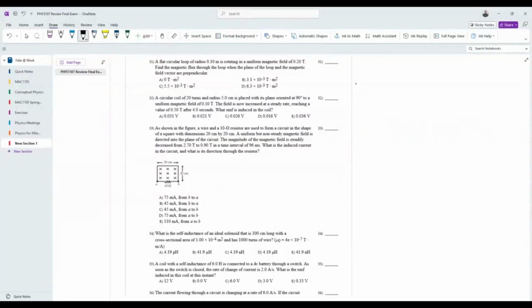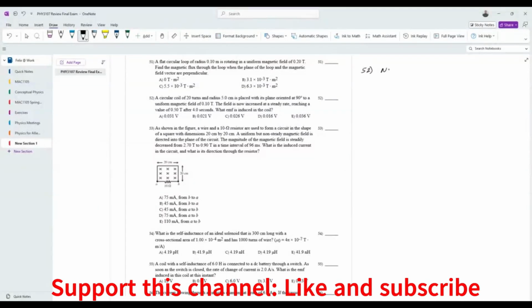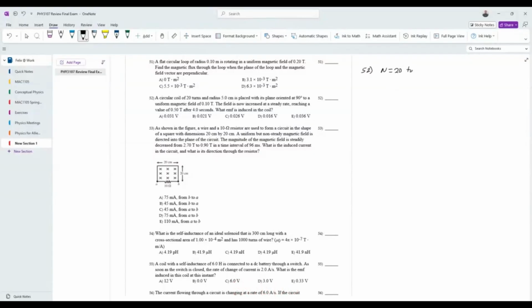They say that you have a circular coil with 20 turns. So N is equal to 20 turns. And this circular coil has a radius of 5.0 centimeters, which is 5.0 times 10 to the negative 2 meters. This is the radius of the circular coil.